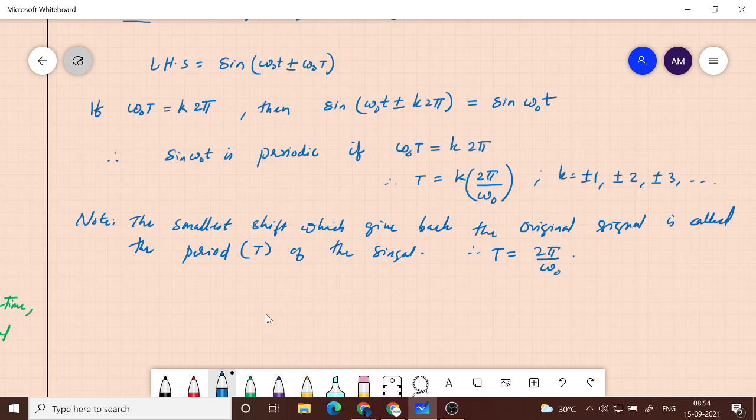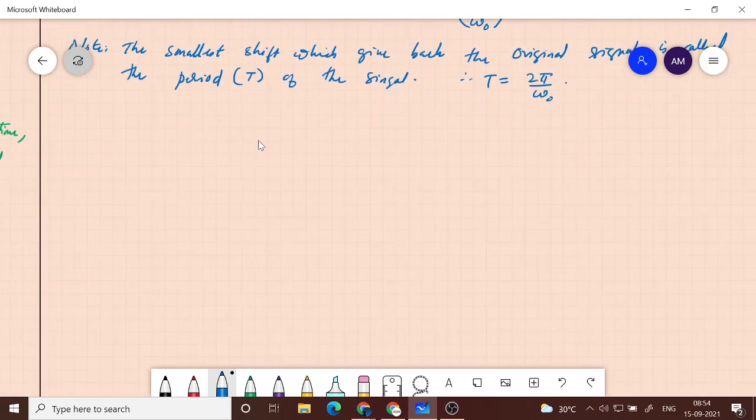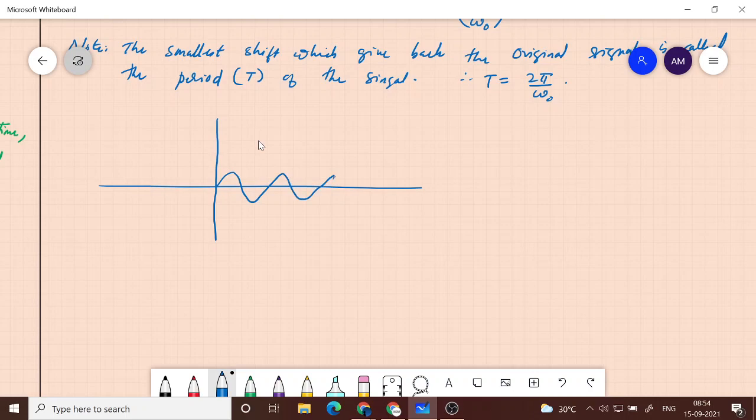If you look at it graphically, it is easy to see. This is a sine wave. It keeps on oscillating and continues on, and it continues to the left also. This is our sine omega 0 t, and this is what we call the period. This is the shift.